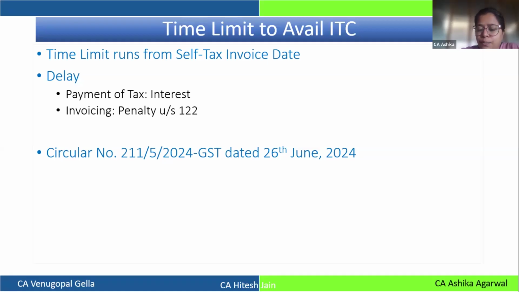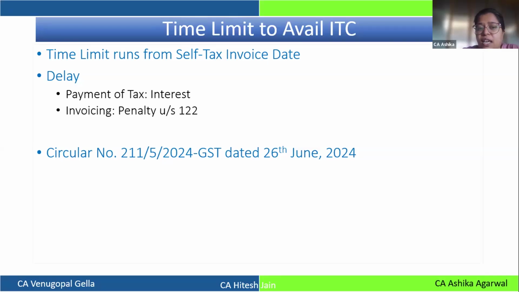Now, as per me, as the time limit is running from a self-tax invoice, even though it is raised belatedly, we can claim the ITC going by the provision. I know that there has been non-compliance of raising the invoice, but as we said recently while discussing invoices, the time limit to issue the invoice has been specified.